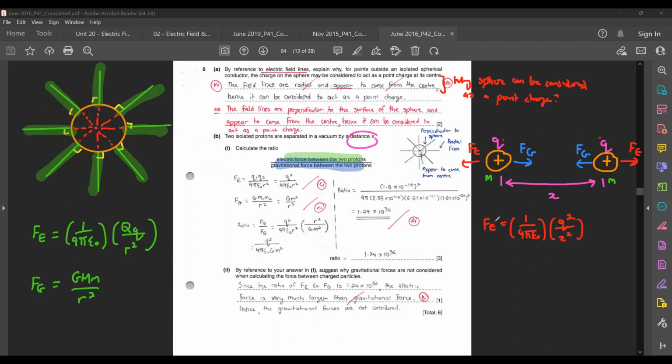Then you're talking about the gravitational force. It's supposed to be G m m over r squared, but because they're the same mass here, it would just be G m squared over x squared.